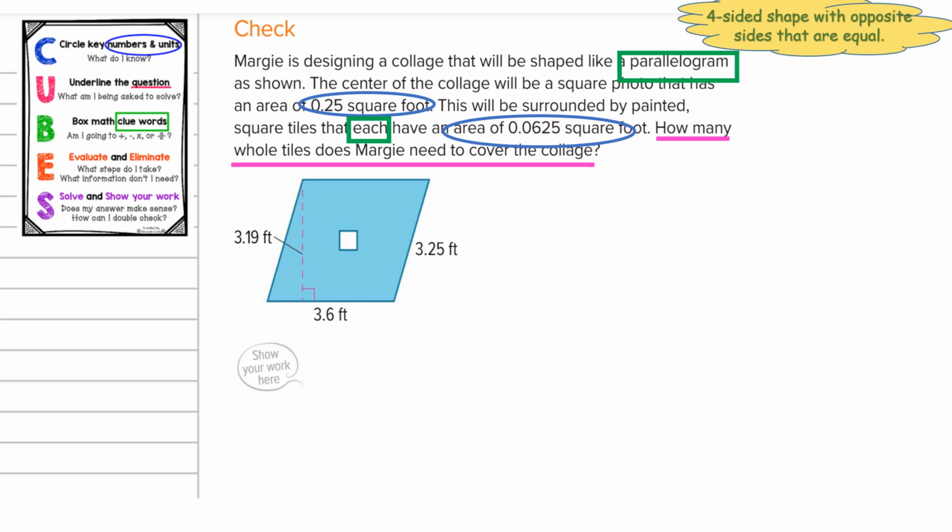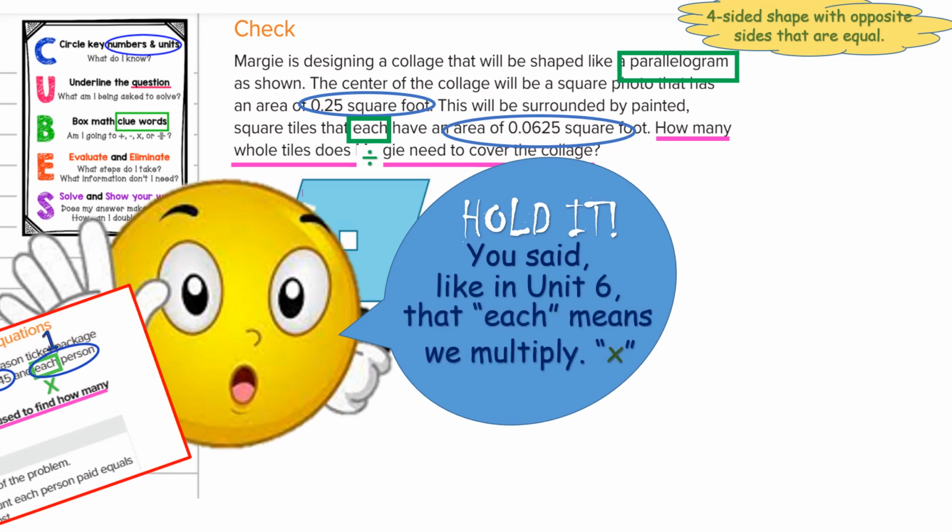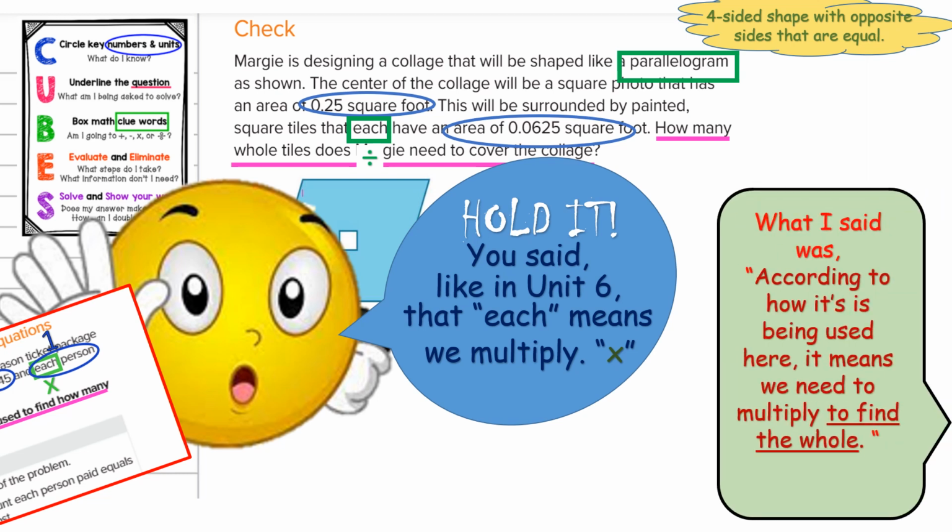And so therefore, what does each mean? In this case, each means division. And now some of you are like, whoa, hold on, Mr. Barker. You had said before, like in Unit 6, that each means multiplication. And what I want you to know is what I said was, according to the problem that we were talking about, it meant that we were going to multiply because we had to find the whole.